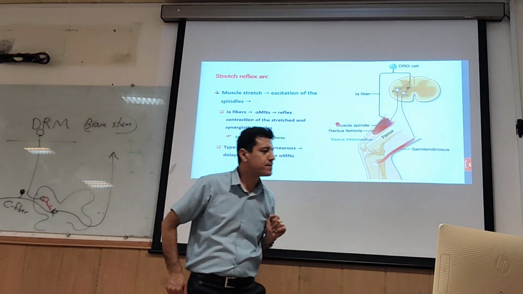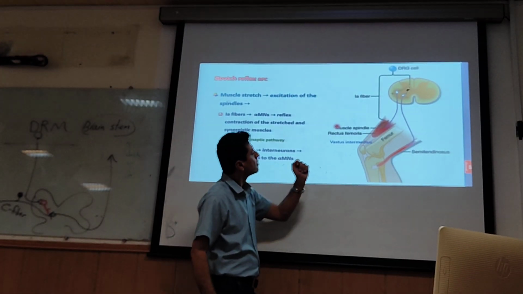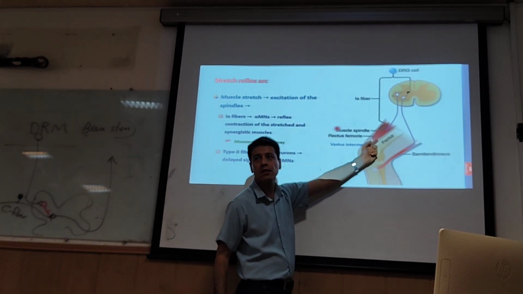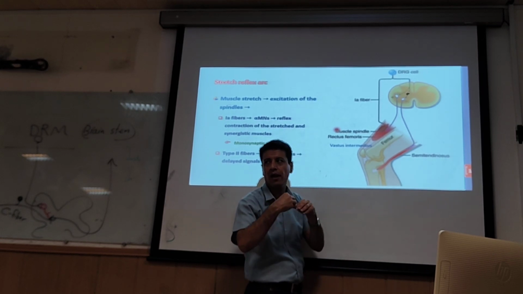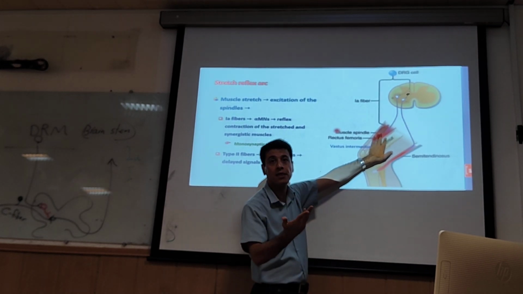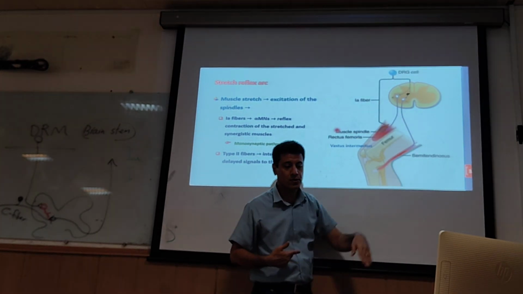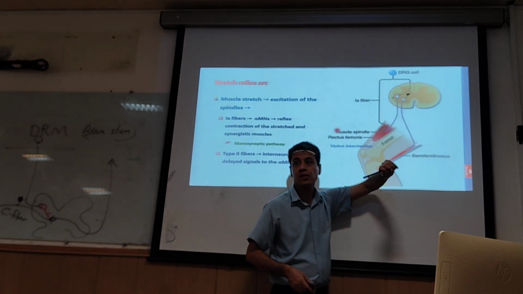So now let's see the stretch effects again. This one is the rectus femoris muscle. The muscle spindle is here. You stretch the muscle, length increases, and the muscle spindle is activated. Signals go through 1A fibers to the spinal cord. What happens in the spinal cord? It has two branches.